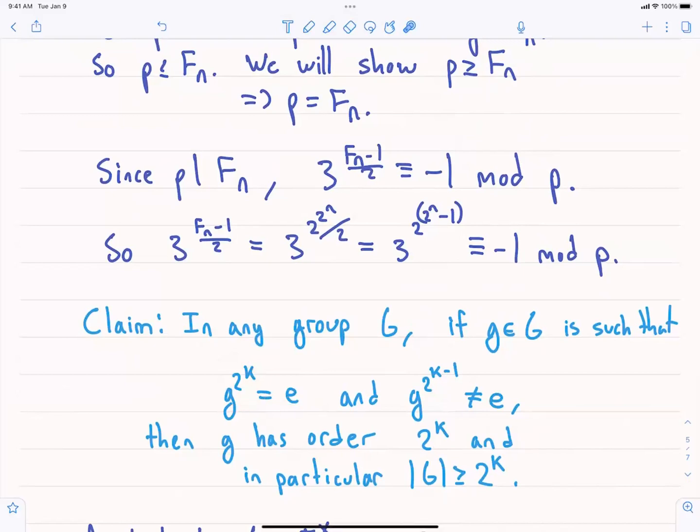Okay, but we know by Lagrange's theorem, so we keep on coming back to Lagrange's theorem, that the order of any element divides the order of the group. So in particular, in this case, the order of the group is bigger than 2^k. So this part's Lagrange's theorem.